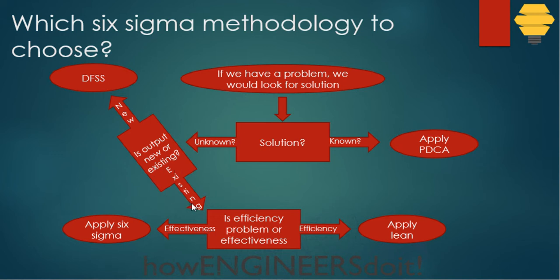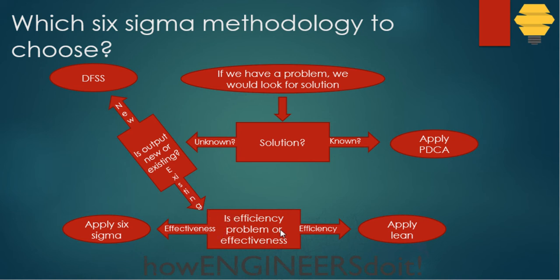They don't know the solution for it, but they have a problem. And the output is existing, not a new one, so they will have a list or historical data of how many bottles were filled in a year, and the different types of machines used and all that. So they would go to the next step in the workflow.